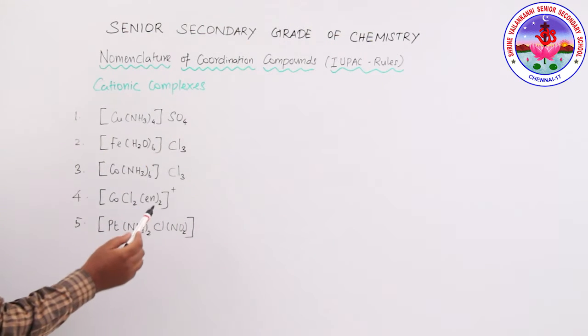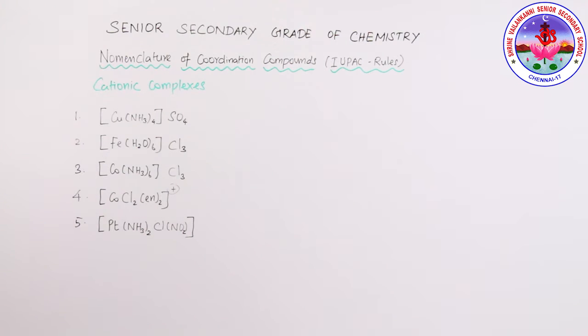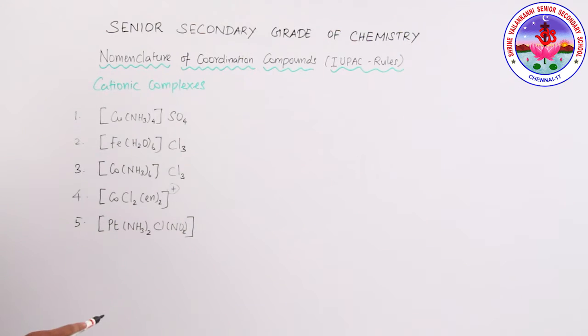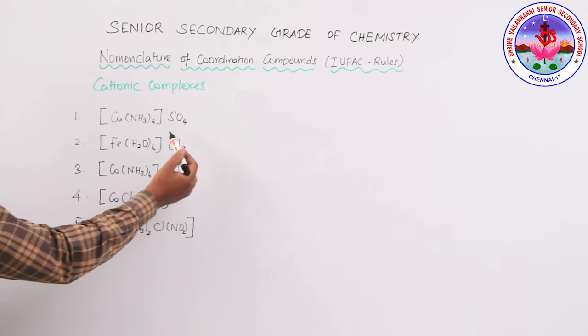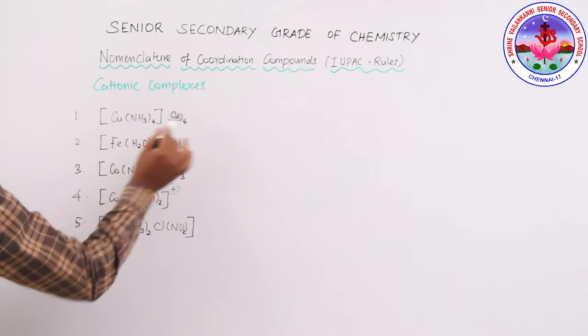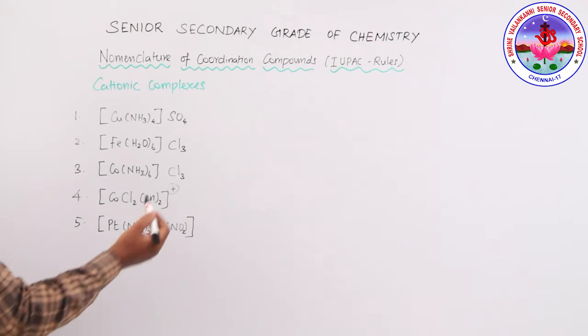Sometimes positive charges are given like this, and you can easily find this is a cationic complex. Sometimes negative charges are given, which means it is an anionic complex. Suppose the charge is not given, how to identify?